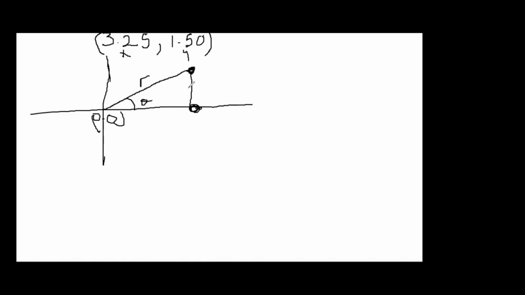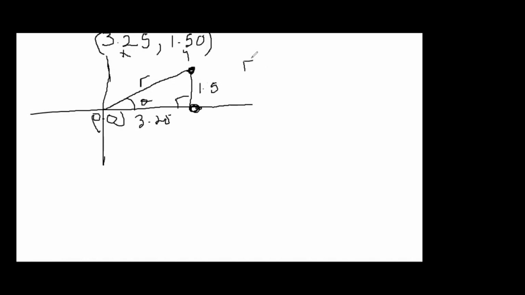We have this value, which is 1.5, and we have this value, which is 3.25. According to Pythagoras, it's easy to find this value, because this is a right angle triangle.